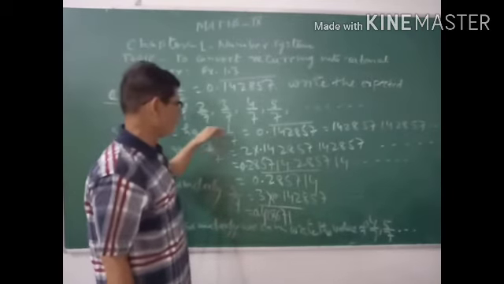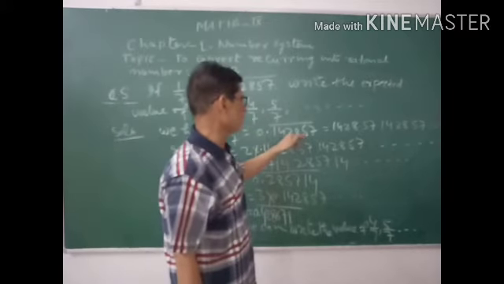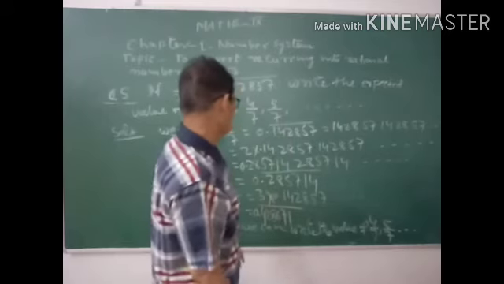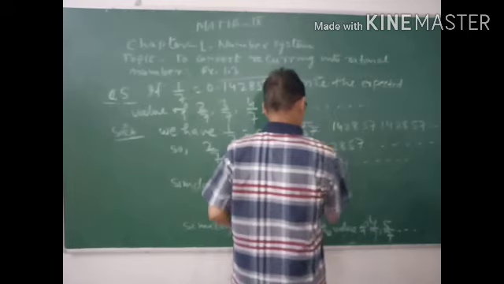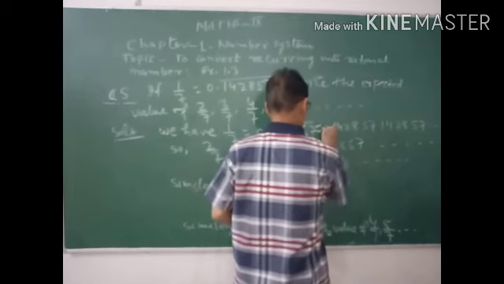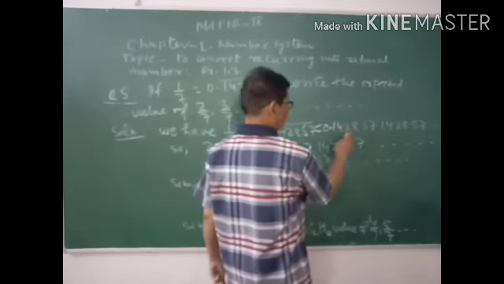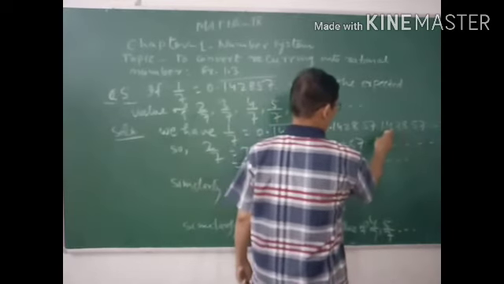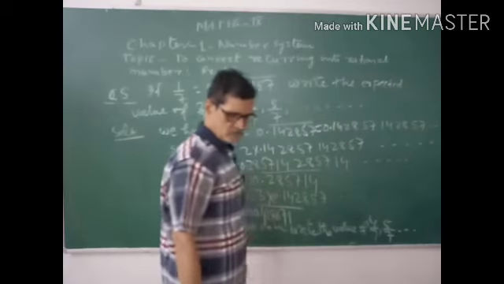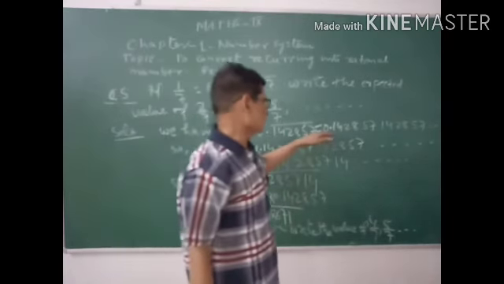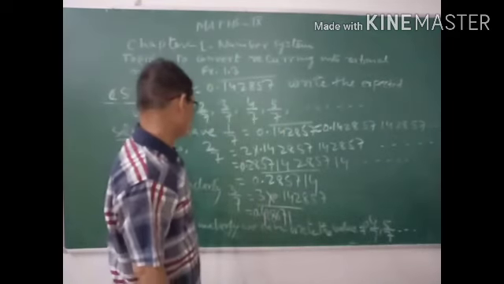We have 1 by 7 equal to 0.142857 recurring. We can write it like 142857 142857 dot dot dot. I have just written that the same digits of recurring will repeat again and again.